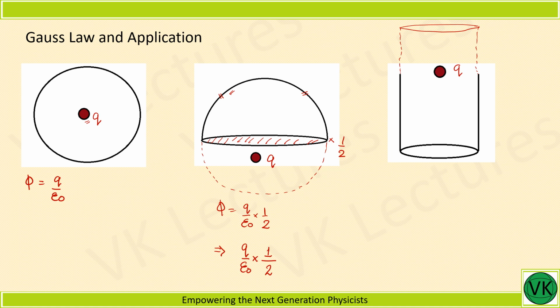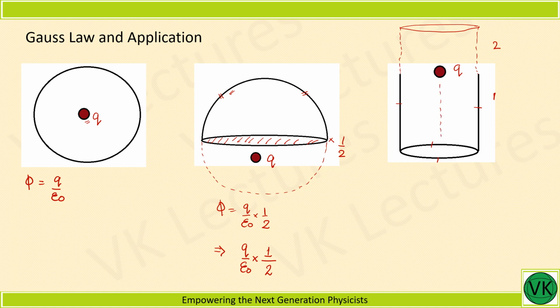So the question is about what is the flux through this part. One is the curved part here and another is the plane surface. So here also, if you consider it as closed, this is one part, this is another part, it should be the same distance.